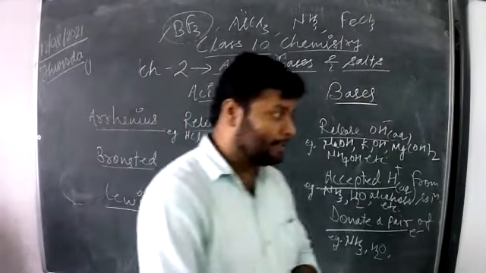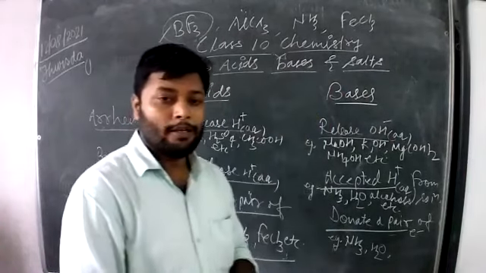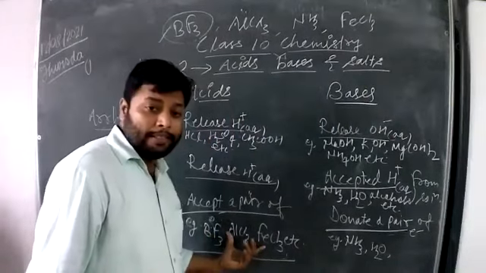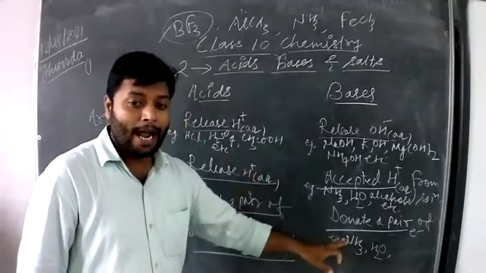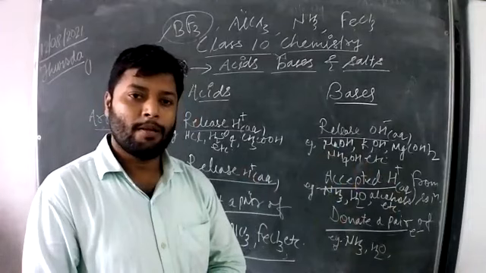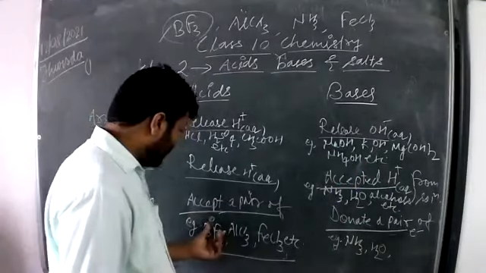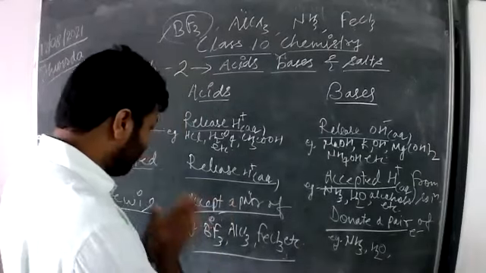Now the problem is how we can determine which have a tendency to accept a pair of electrons and which have a tendency to donate a pair of electrons. Because with the help of example and formula, we are not able to learn how they can accept a pair of electrons.